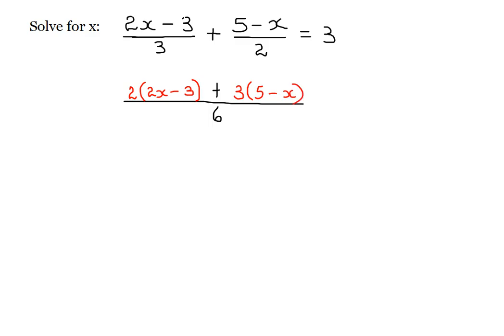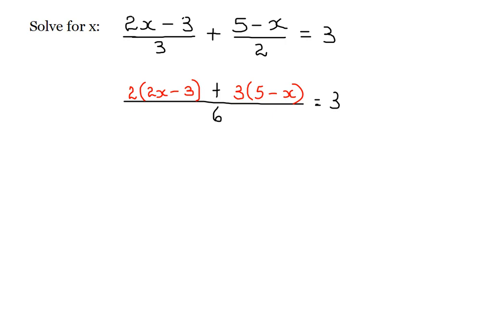Now remember, this is an equation, so all of this is going to still be equal to 3. So I'm going to write that in because I'm dealing with an equation. So I'm going to simplify my numerator as best as I can by expanding the brackets and adding any like terms as the case may be.